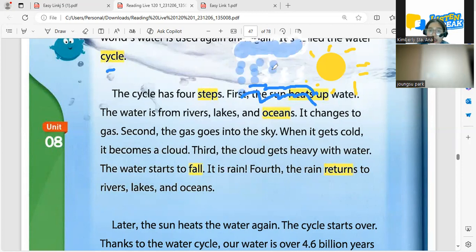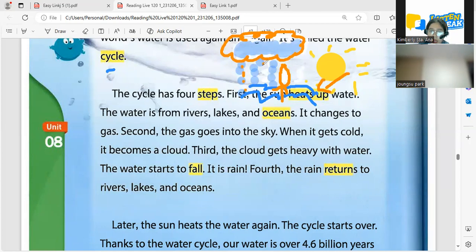Okay? So that's how the water cycle works. The first part is the sun heats up the water, it goes up, it becomes a gas, and then it will be a cloud, and it will be rain. Okay, that's how the water cycle works.